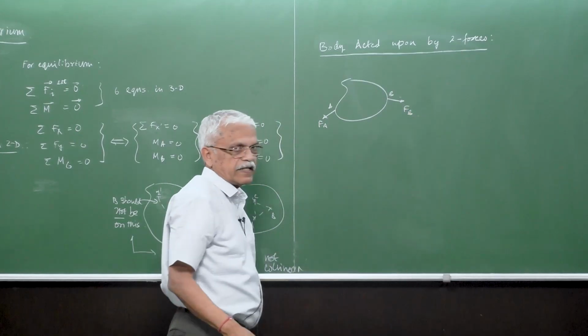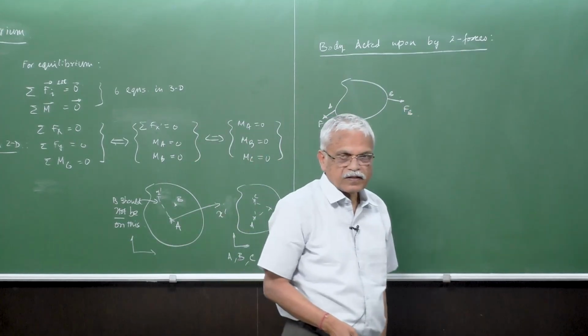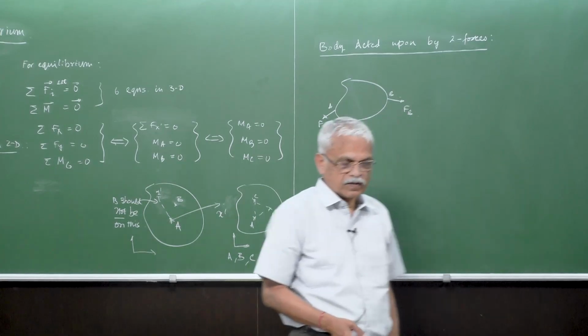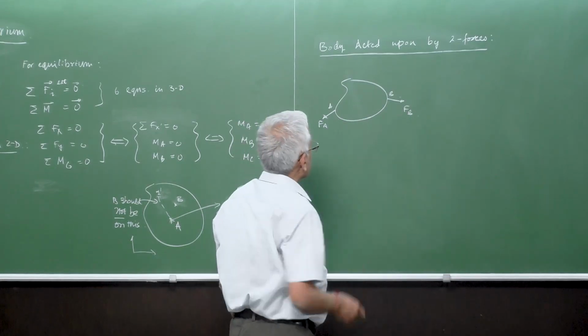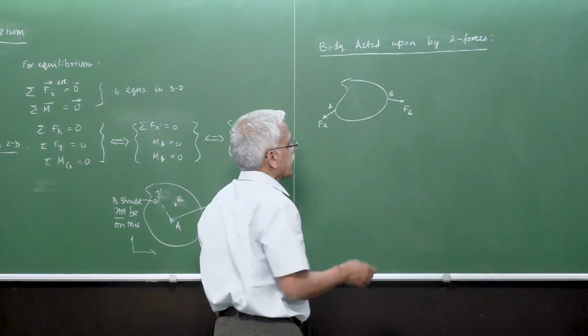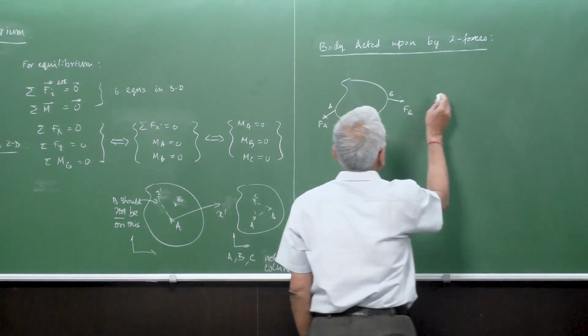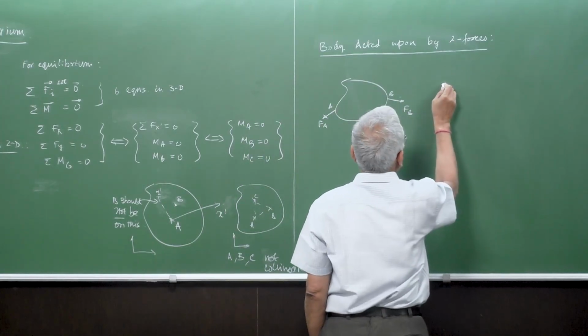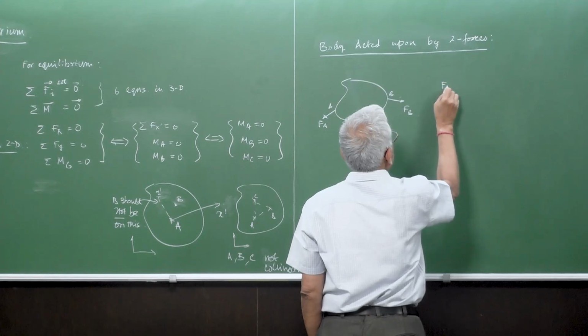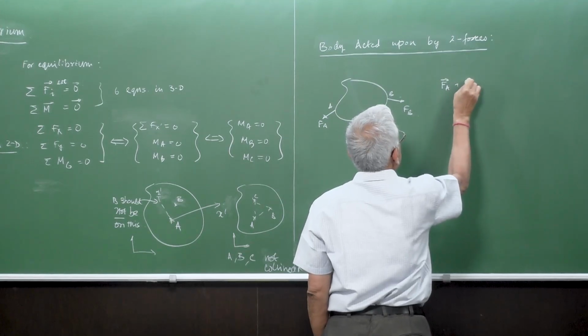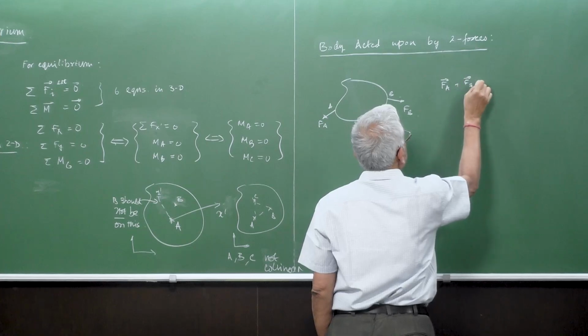Is there any condition? If these two forces are acting at some points A and B, and the body is under equilibrium, then from the first equation, Fa plus Fb equals zero for equilibrium.